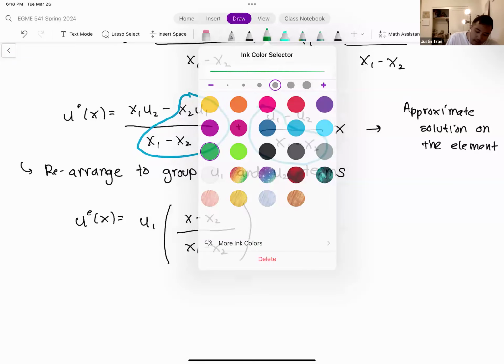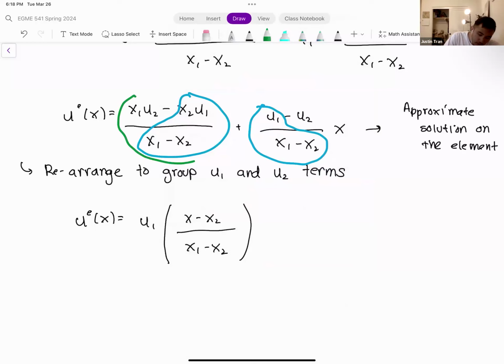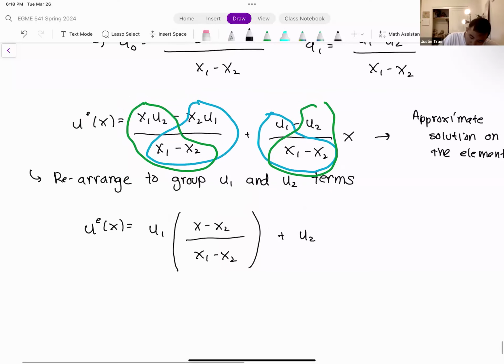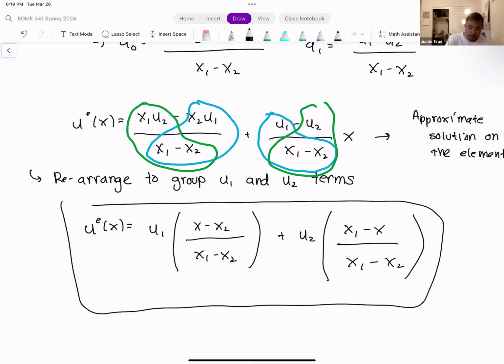And then the u2 terms, we have a positive x1 u2 divided by x1 minus x2 and a minus x over x1 minus x2. If we group those together, we get plus u2 multiplied by x1 minus x divided by x1 minus x2. Put a box around this one.